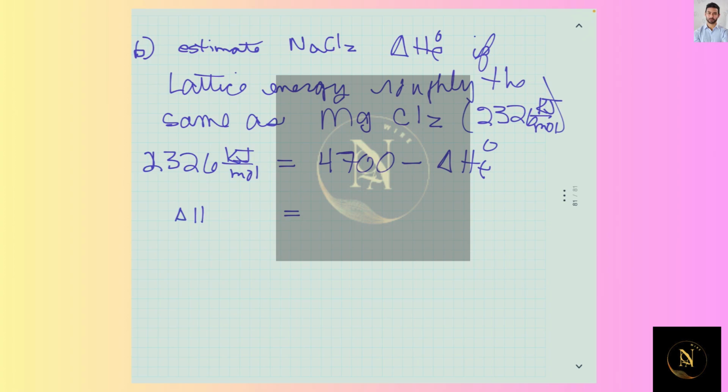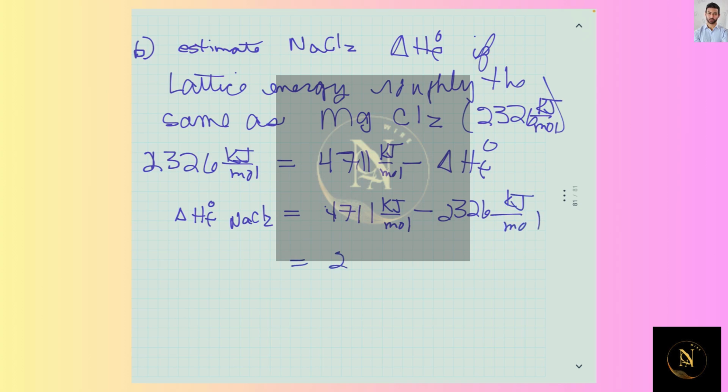So we get our positive heat of formation of NaCl2, 4,711. I should have written 11 there. Minus 2,326 kilojoules per mole gives us 2,385 kilojoules per mole. Making that assumption. And I believe that is it.